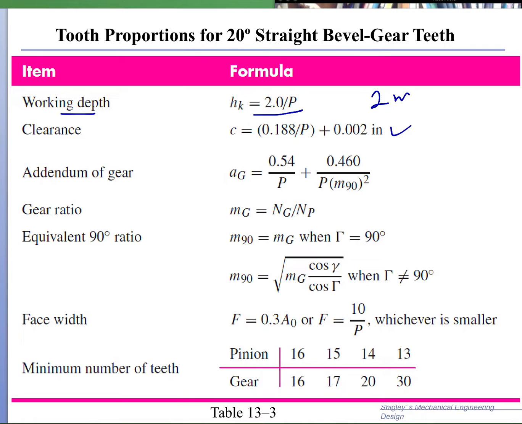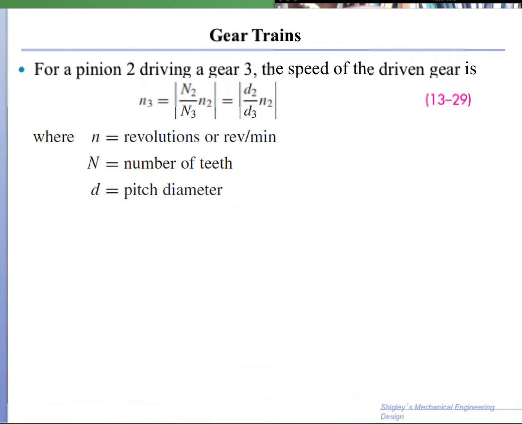The clearance, instead of a quarter, becomes 0.188 over P plus 0.02 of an inch. And then we have various correlations for the addendum of the gear, the face value, the gear ratio, and the minimum number of teeth are specified. So for any design application, we should be able to use this kind of information.